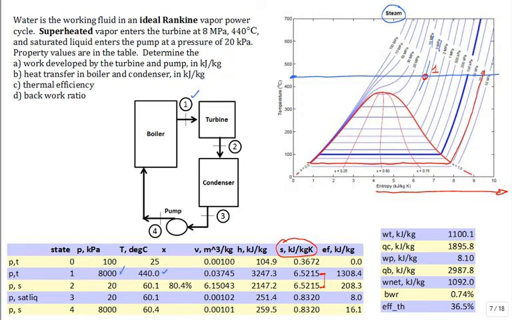So where is state 2? Right there. And now where is that point? It's in the two-phase region. And this code said that the quality at state 2 is around 80%.